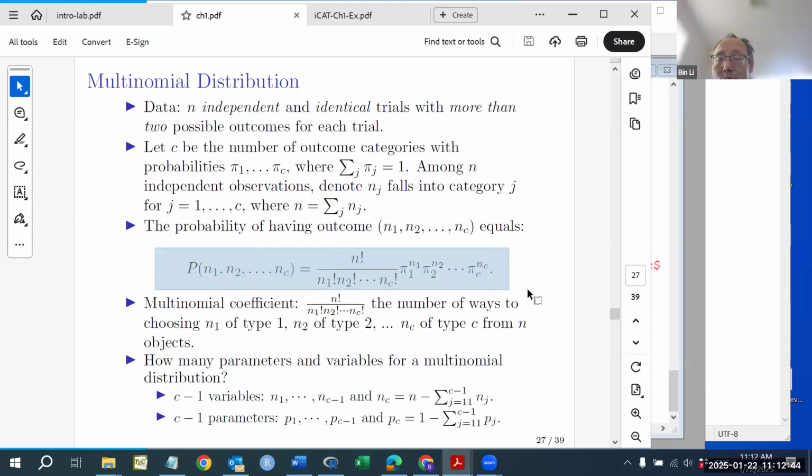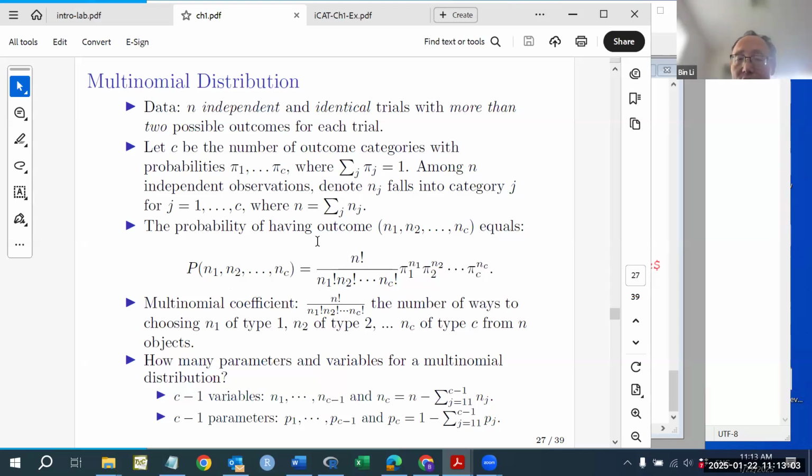So you can see the binomial distribution is a special case of the multinomial distribution when we only have C equal to 2.